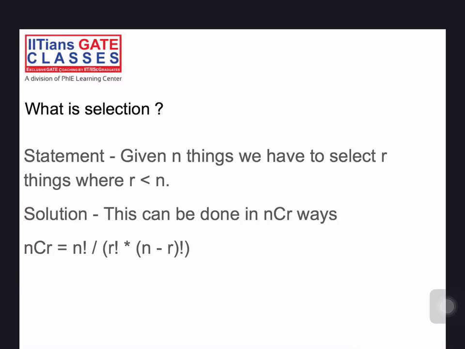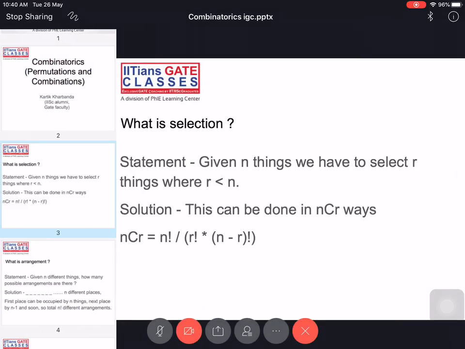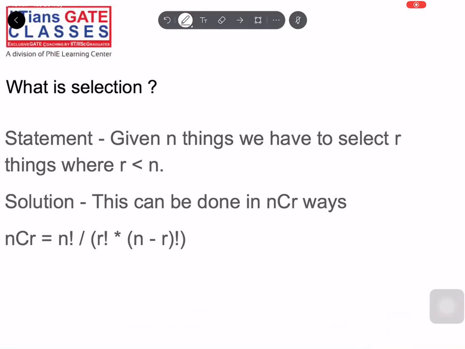That means nCr will be nothing but n factorial divided by r factorial times (n minus r) factorial. So given n things, you have to select r things out of those n things, and this is how that can be done, in nCr ways. So this is the selection.